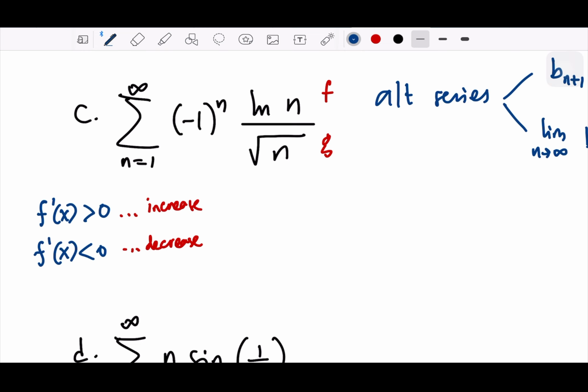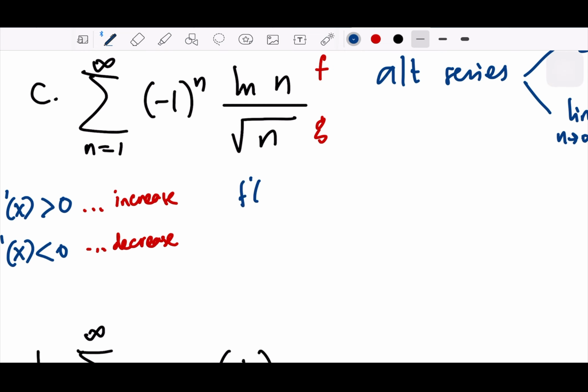So we will have, or if you don't remember how, let me just write the formula for you.